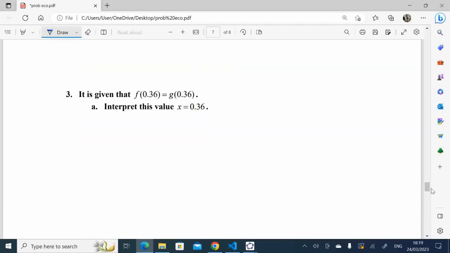In the third part, it is given that f of 0.36 is equal to g of 0.36. Interpret the value for x equals 0.36. So here, at this value of x, we have f equal to g. It means supply equals demand, or demand equals supply.